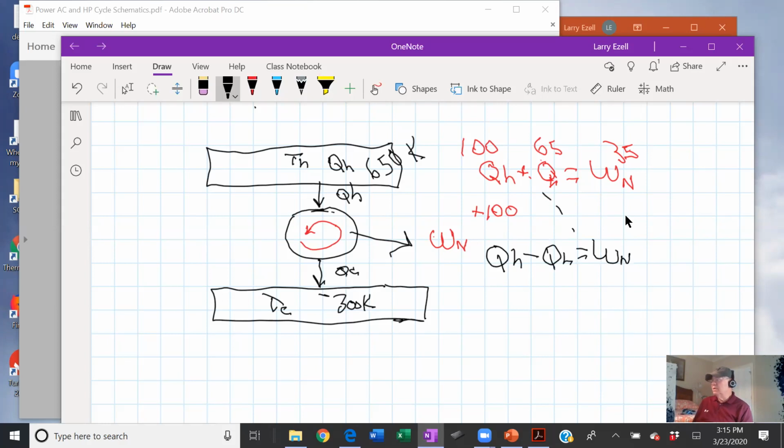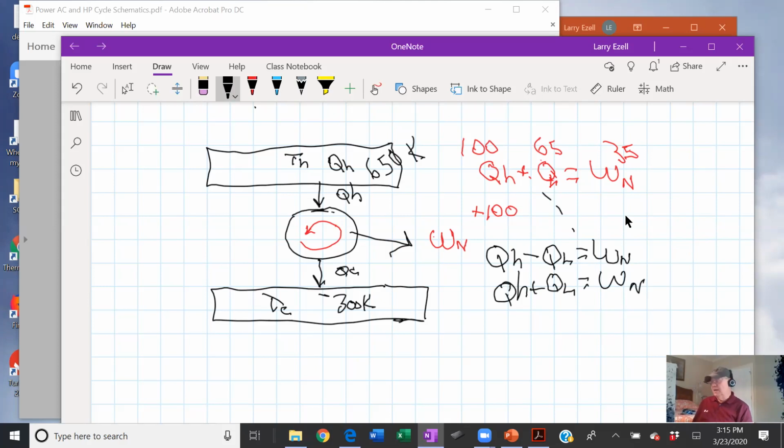Like I say, I used to teach it as QH plus QL equal work net, and let you assign the sign to these quantities depending on how they really were in the thermodynamic world. But the way they teach it in the book is QH minus QL.